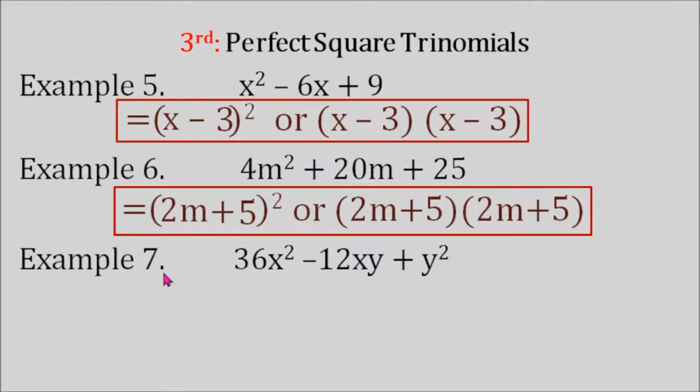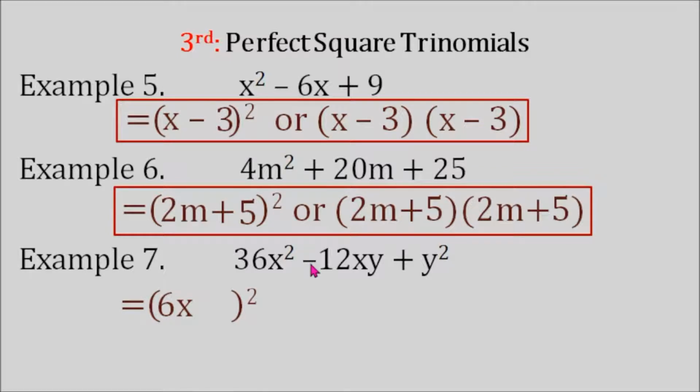Example number 7. Factor 36x squared minus 12xy plus y squared. Since it's a perfect square trinomial, the factors are the square of a binomial. Our first term here is just the square root of 36x squared, which is 6x.